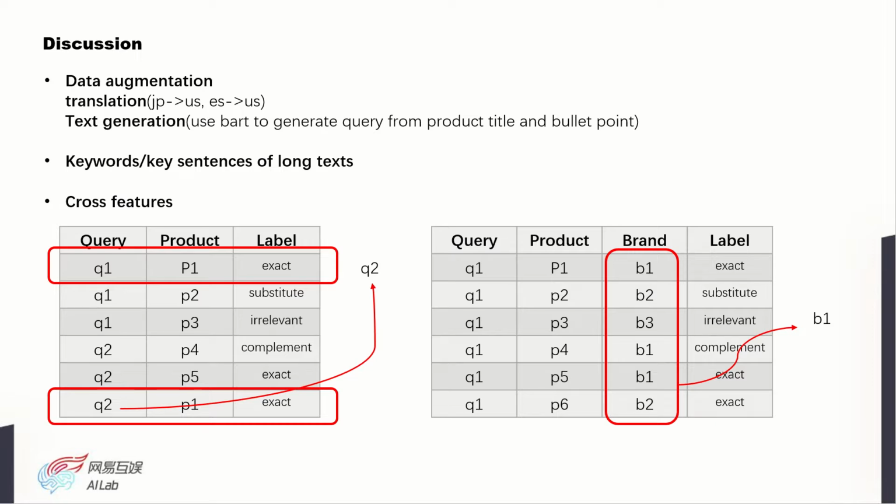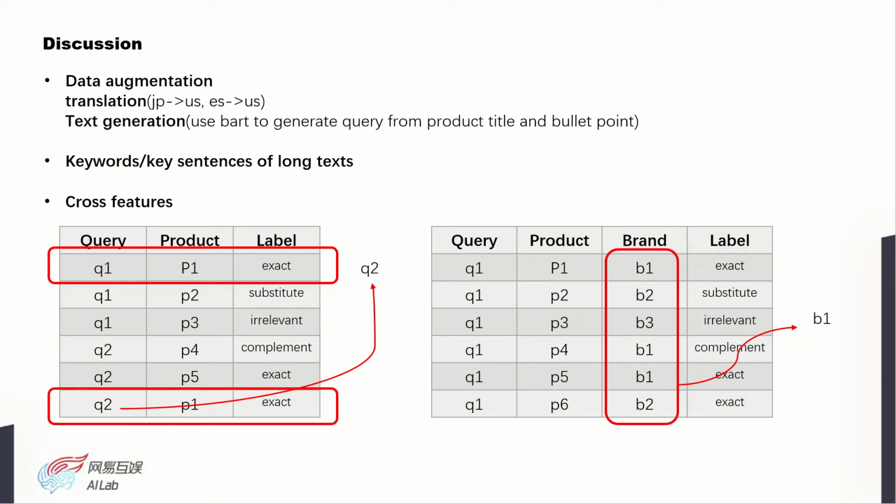And the cross features. The dataset consists of query-product pairs, and there are some products that appear in different queries, which we believe should be useful. As shown on the left of this figure, product P1 appears in queries Q1 and Q2. So Q2 should be used as supplementary information when predicting Q1 and P1.